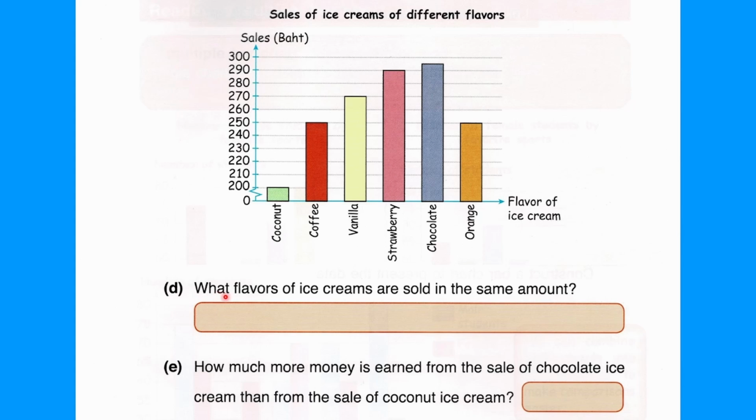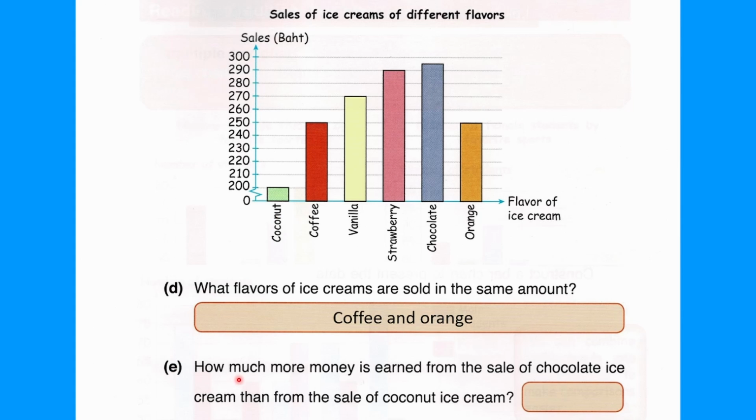D. What flavors of ice creams are sold in the same amount? Okay, so I said earlier that coffee and orange are both 250 baht. So the answer for this is coffee and orange. They are the same amount.